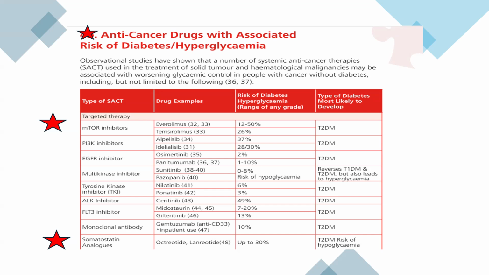Both have been asked in previous exams, having a risk of developing type 2 diabetes. mTOR inhibitors, especially everolimus, have been asked in previous exams, with almost a 12 to 50% risk of developing diabetes.